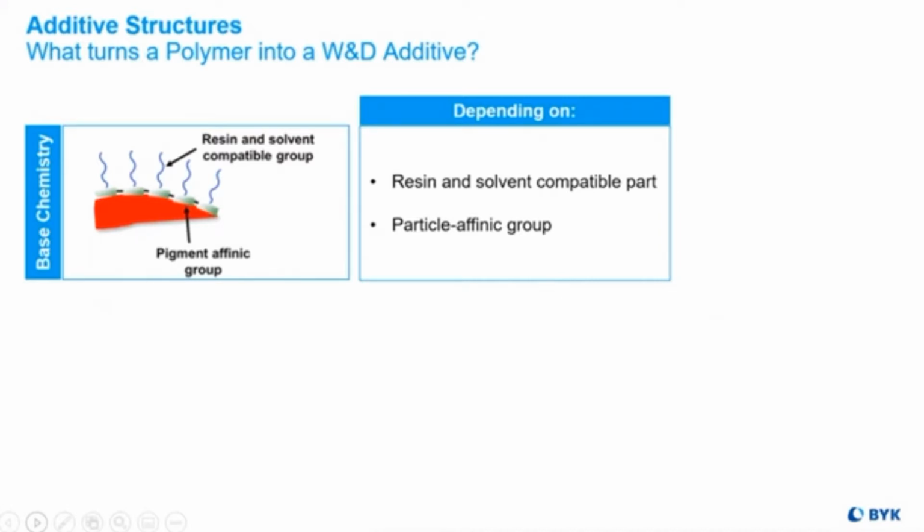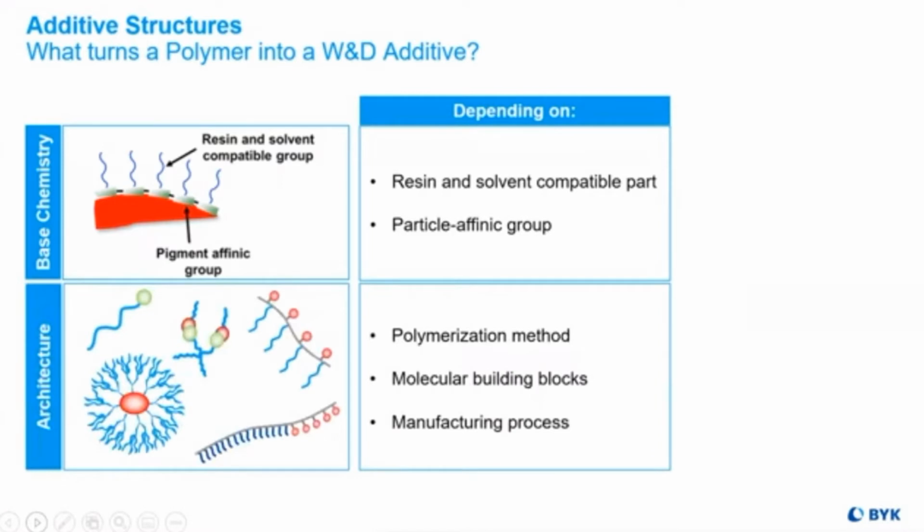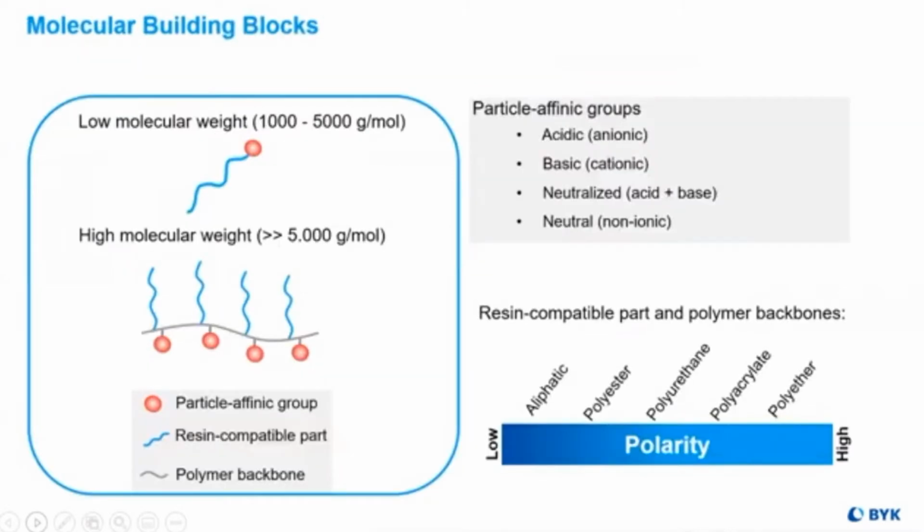Structuring polymers for wetting and dispersing additives became an art at BYK. The foundation of pigment affinic groups with resin or solvent-compatible end groups turned into design projects with new architecture and polymerization methods. Molecular weights became the marker of great wetting and dispersing additives. Higher molecular weight polymers had more pigment affinic groups and wider ranges of compatibility.